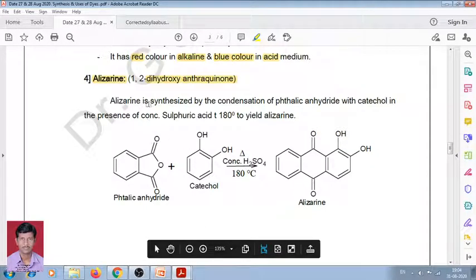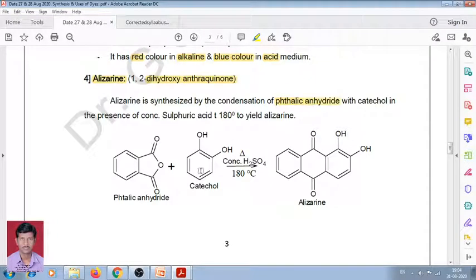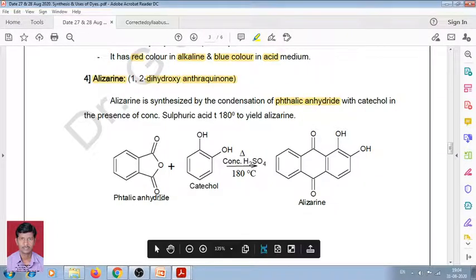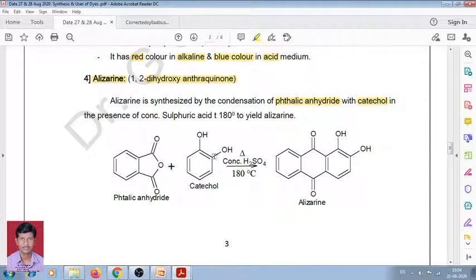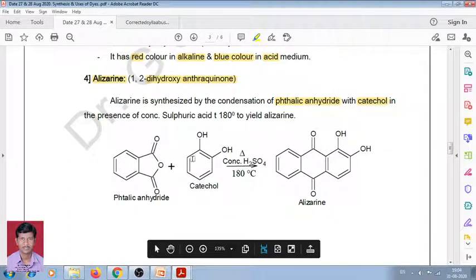Means this alizarin is synthesized by the condensation or the reaction of phthalic anhydride with catechol. This is called catechol. Means 1,2-diol or 1,2-diphenol, means 1,2-diol is called catechol.